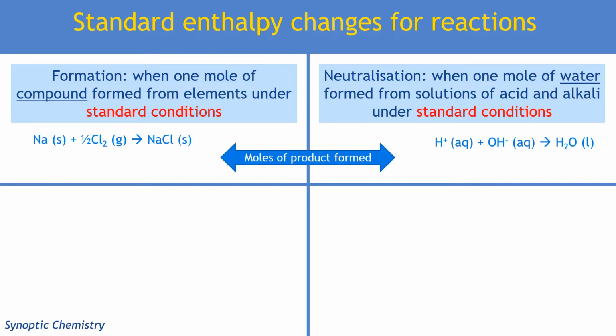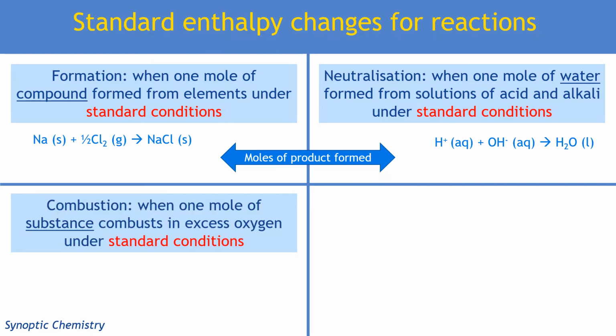So these are definitely things that I could in theory measure in a lab. Formation is a little bit harder, but definitely I could do an experiment and put the reactants together and measure it. And these 2 are examples where the 1 mole is about the product formed, 1 mole of compound formed or 1 mole of water formed.